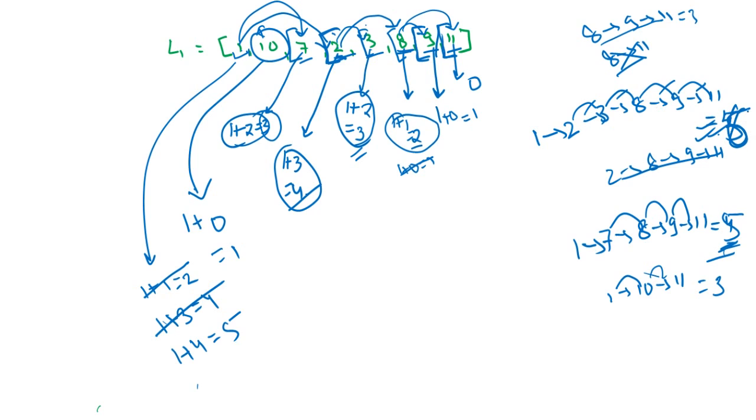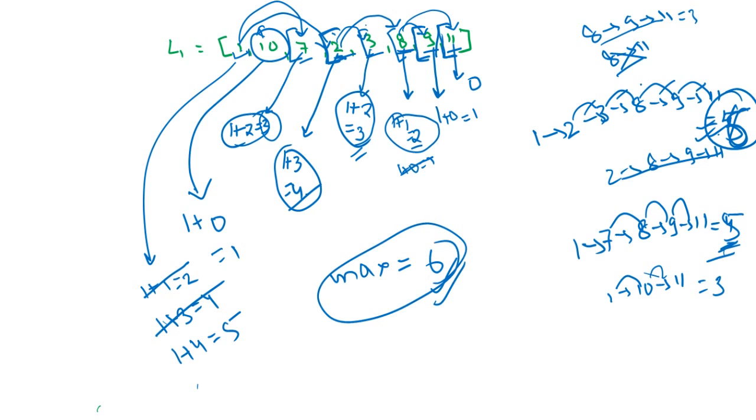So this will be of length 6, and at this point this is the max. In this process I was maintaining a variable max, so that it can check for the maximum value. So until now we have encountered max equal to 6, which is of length 6.